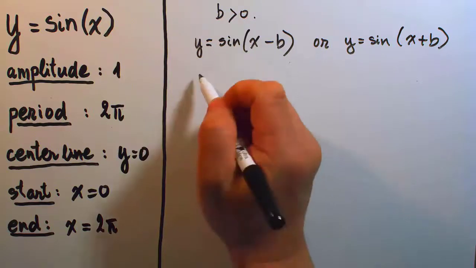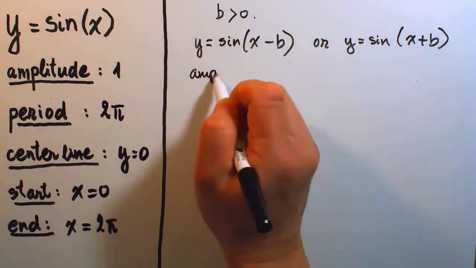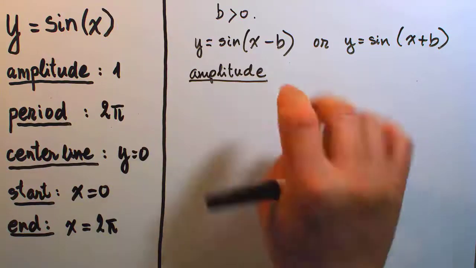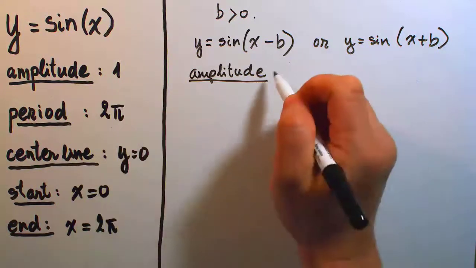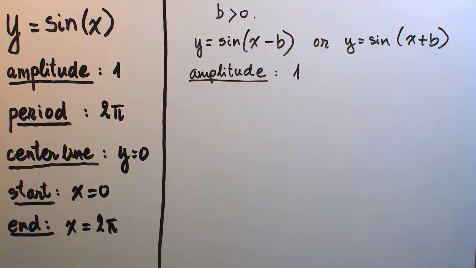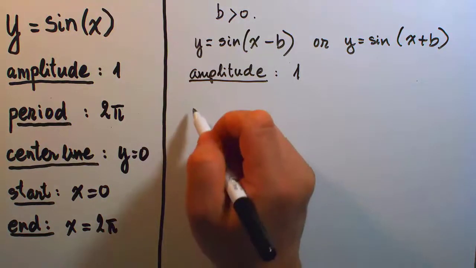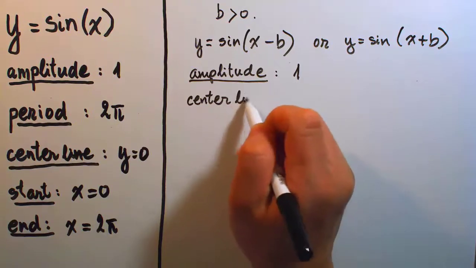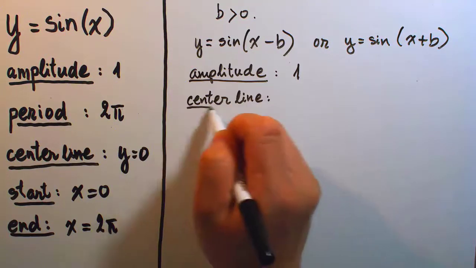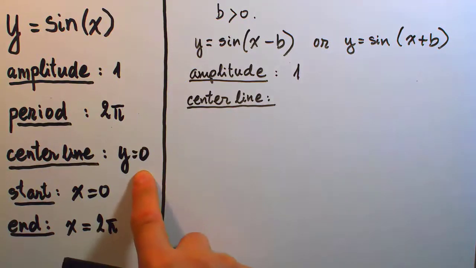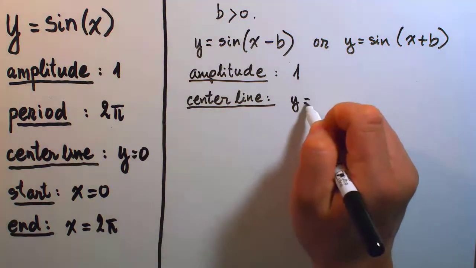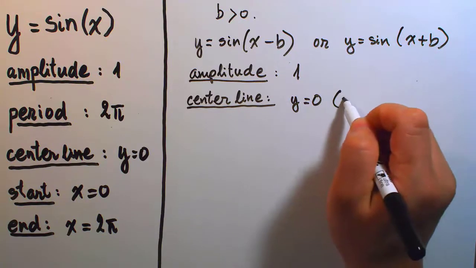They all have the same amplitude as the original sine of x function, so amplitude 1. They all have the same center line as our original standard sine of x. So the center line is on the x-axis, y equals 0, namely the x-axis.